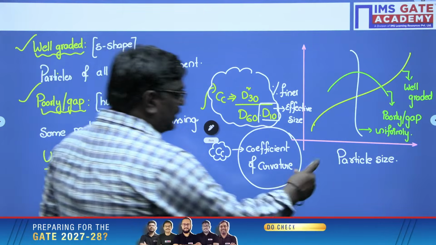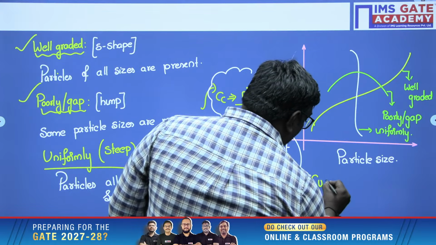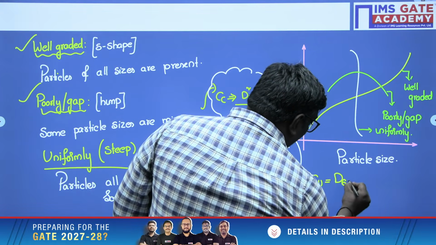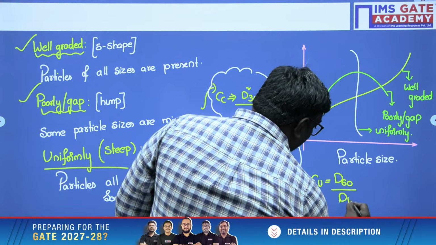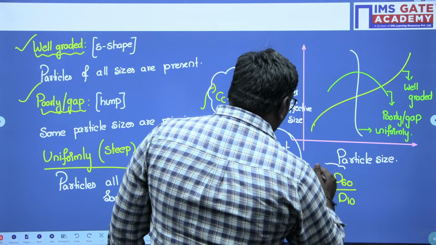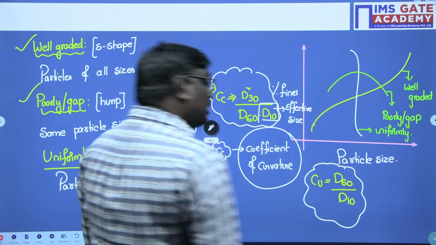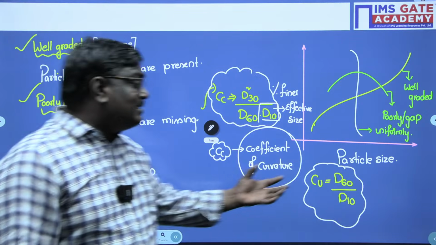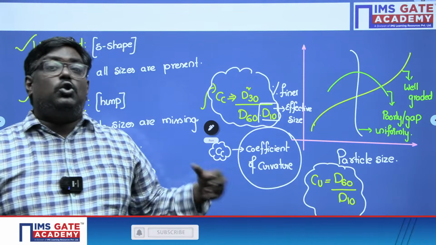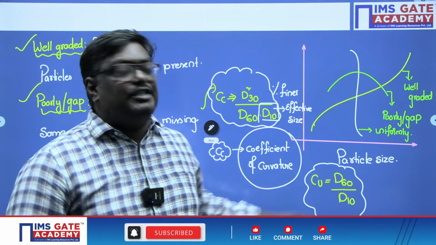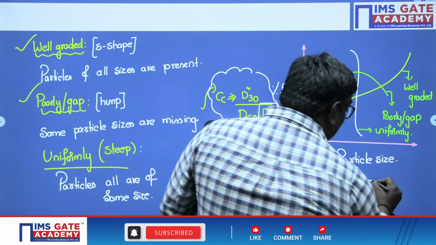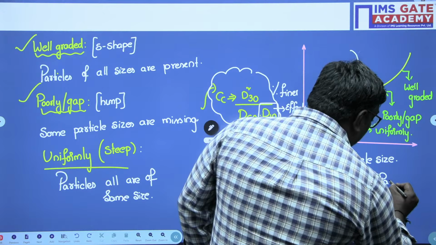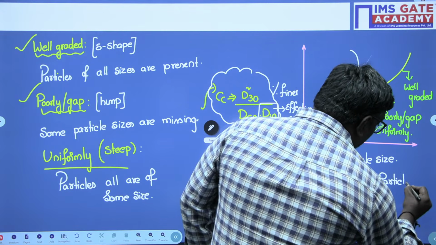Similarly, my dear students, you should have an idea on the coefficient of uniformity. What is the coefficient of uniformity, sir? It is Cu, defined as D60 upon D10. Why do we study it?